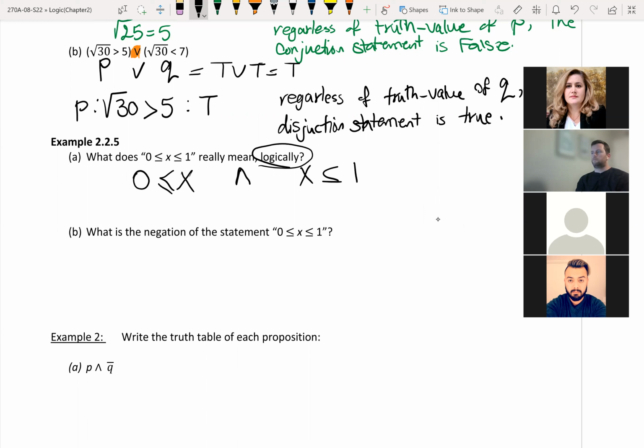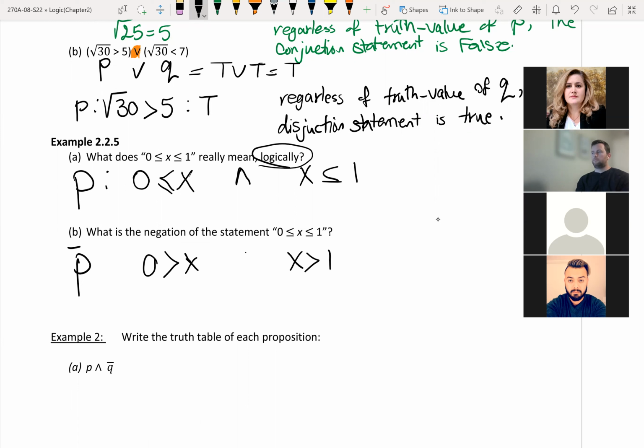So what is the negation of that statement? x is less than or equal to 0, or x is greater than or equal to 1.